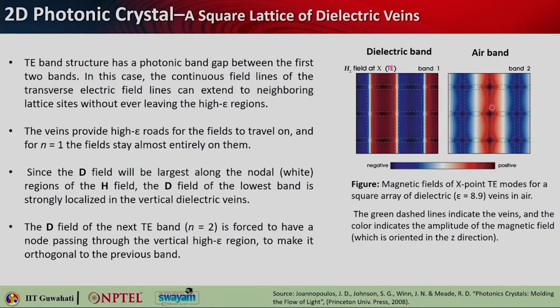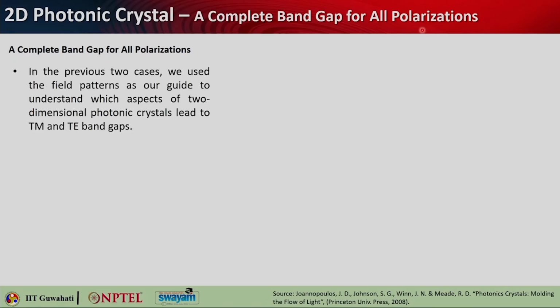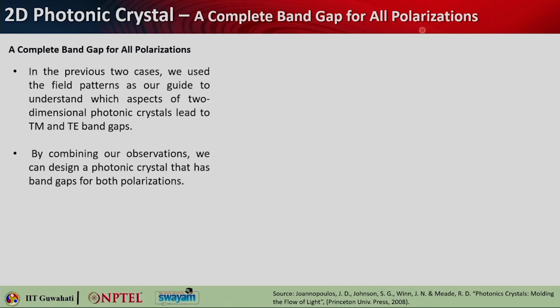But ideally, when you look for band gaps, you basically want a complete band gap for all polarizations. A complete band gap means that for both TE and TM the band gaps overlap. So, irrespective of the polarization, light should not be allowed to enter the crystal, it should be completely reflected, and that is a complete band gap.